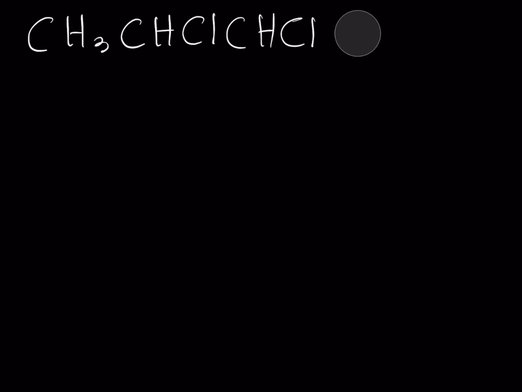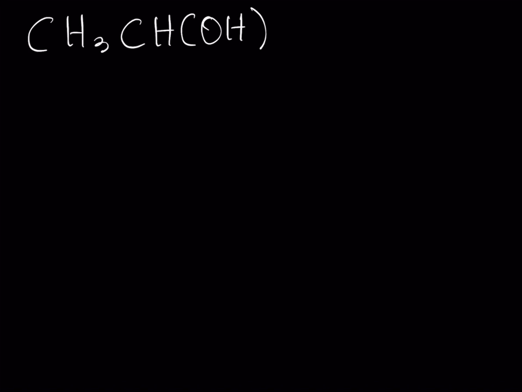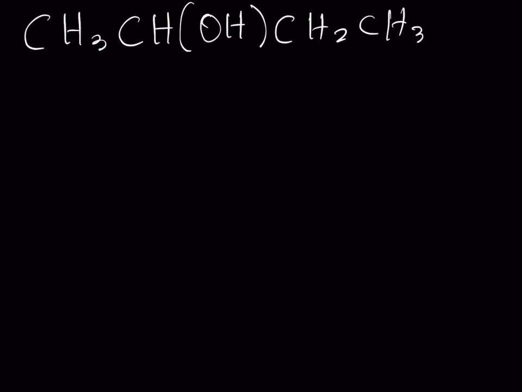In our next example, we have CH3CH, OH, and that's a parenthesis, not a carbon. We have an OH, CH2, CH3. So this has an alcohol group in it, so the alcohol group is going to be on the second carbon.